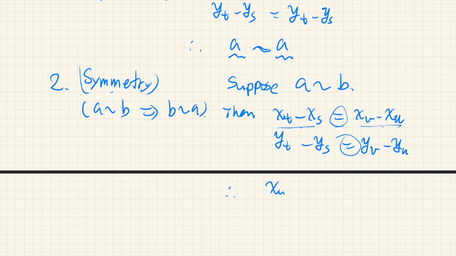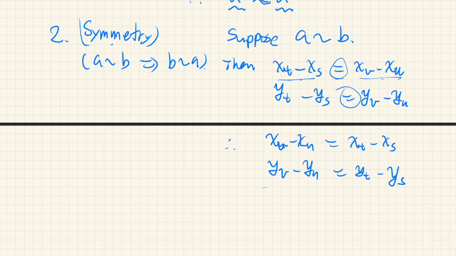Therefore, xv minus xu is equal to xt minus xs, and yv minus yu is equal to yt minus ys. So this means B is equivalent to A. So symmetry holds.